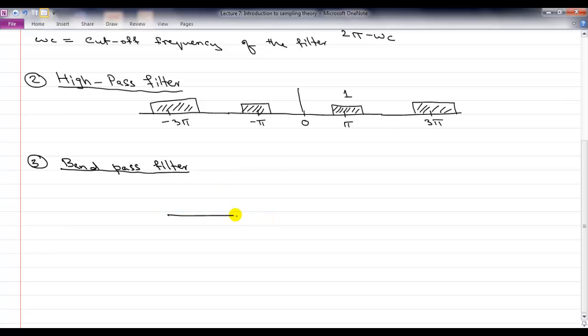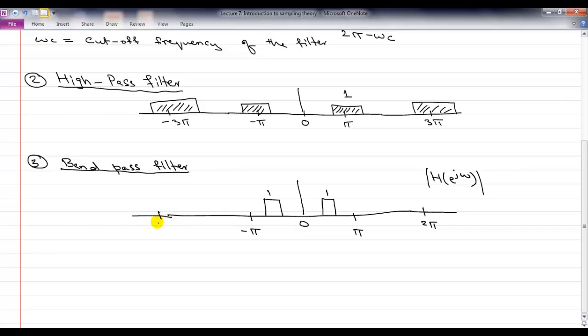Once again, the response looks like the following. So the band-pass filter basically picks a band between 0 and pi, and it lets those frequencies go by and kills all the others.